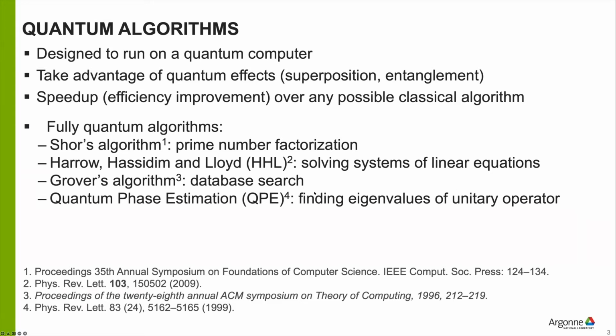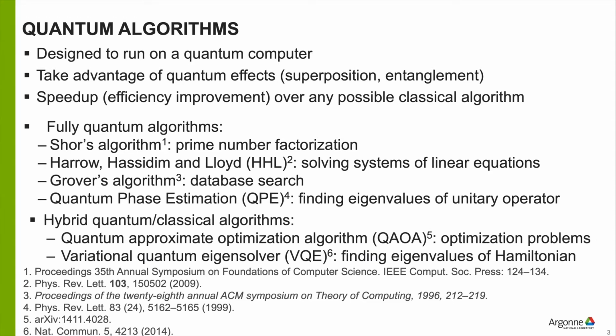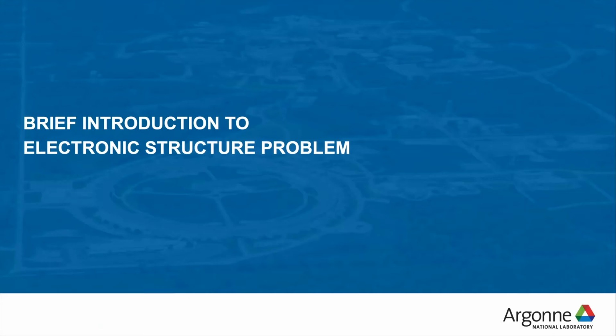The Hamiltonian is a unitary operator, and we potentially can use this algorithm in the future to solve quantum chemical problems exponentially faster. And then there are hybrid quantum-classical algorithms such as QAOA, which you're going to learn about later this week for optimization problems, and the variational quantum eigensolver that I'm going to talk about today.